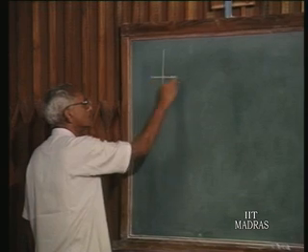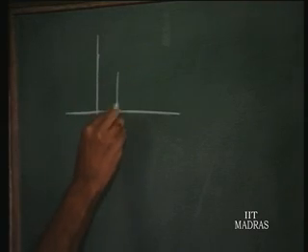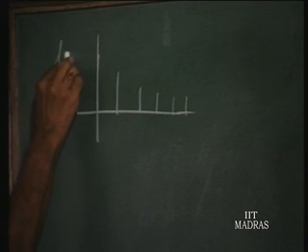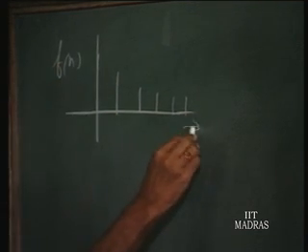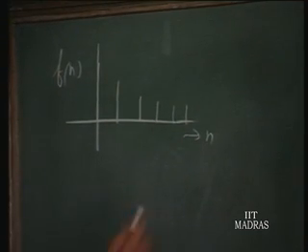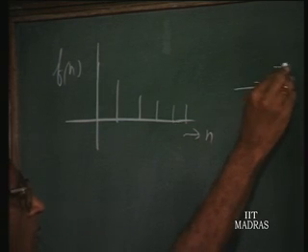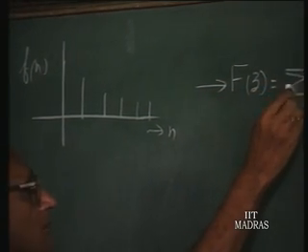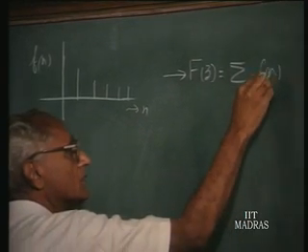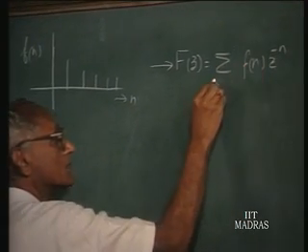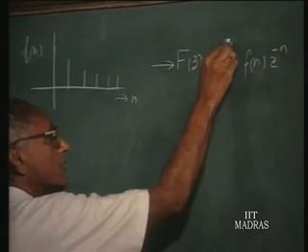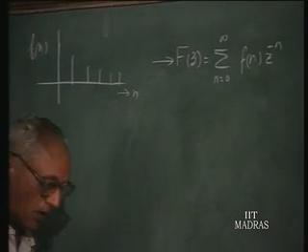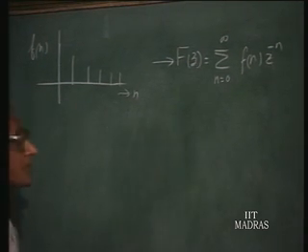Given a sequence of values f(n), we said that the Z transform of that, F(z), is given by the sum of f(n) z to the power minus n going from 0 to infinity, and this being the one-sided Z transform of the discrete time signal f(n).